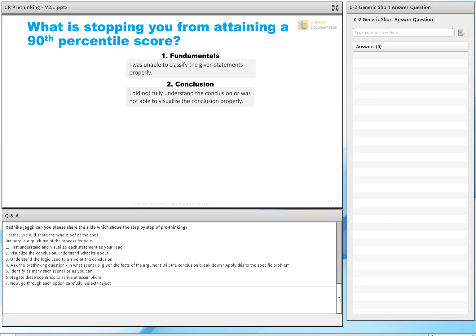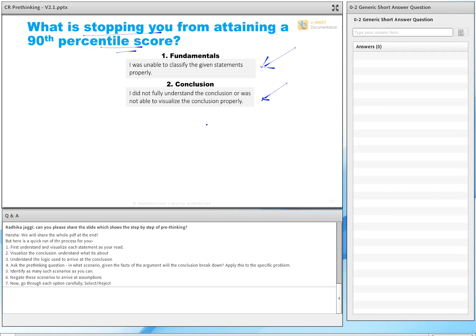This is what this slide says is stopping you from scoring that 90th percentile, and what I'm talking about is what you should do so that this doesn't stop you. Make sure you can draw that structure of the argument. Even before that, ask yourself: do I understand which statement is my main conclusion, which one's supporting that conclusion, which one's the context, which one may be going against the conclusion? That's really important.